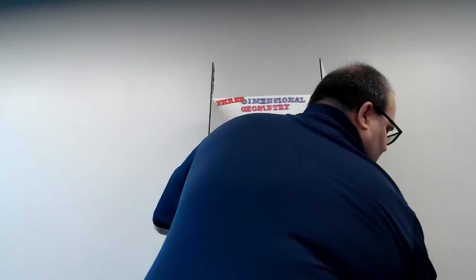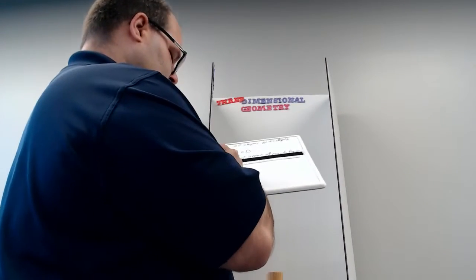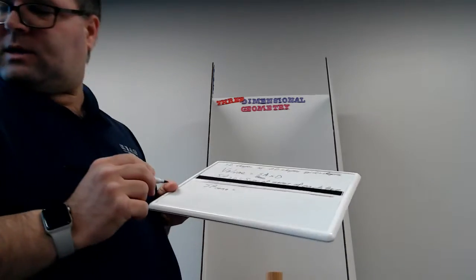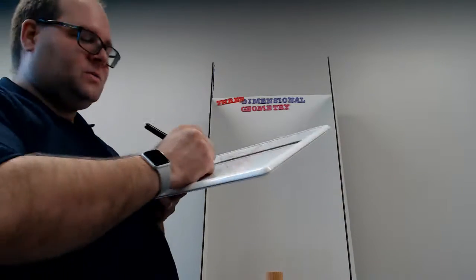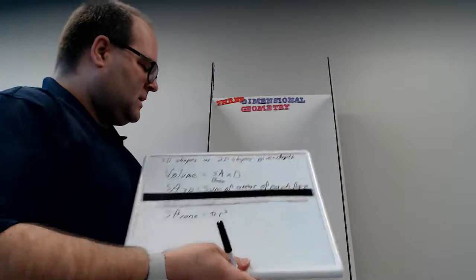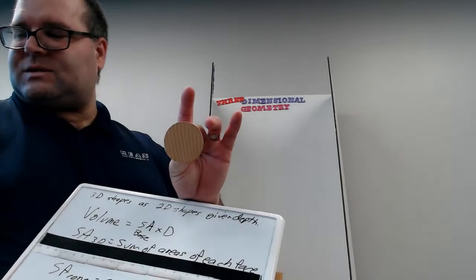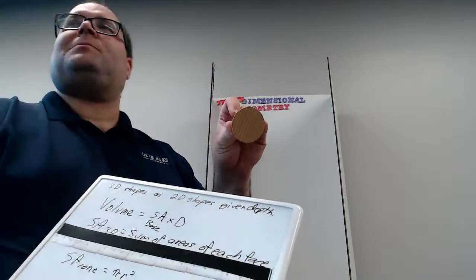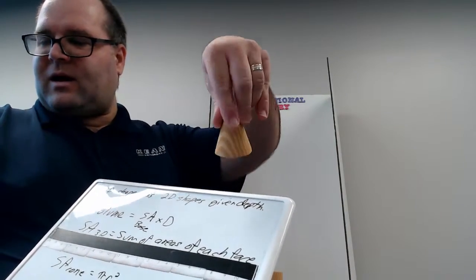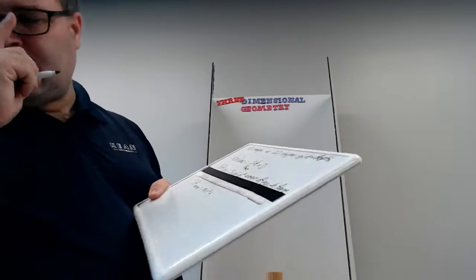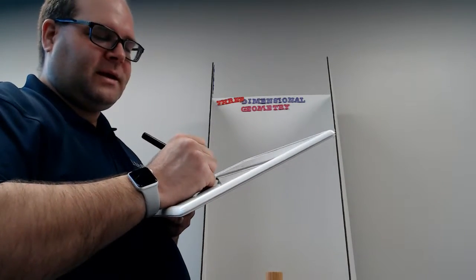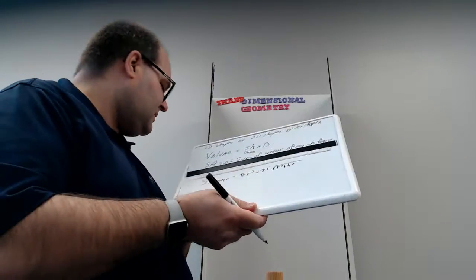Now we want to figure out the surface area of a cone. That is going to be found in two parts because we have two faces. We have our base, the opening that you can put your ice cream in, and our smooth side, found by pi times r times the square root of r squared plus h squared.